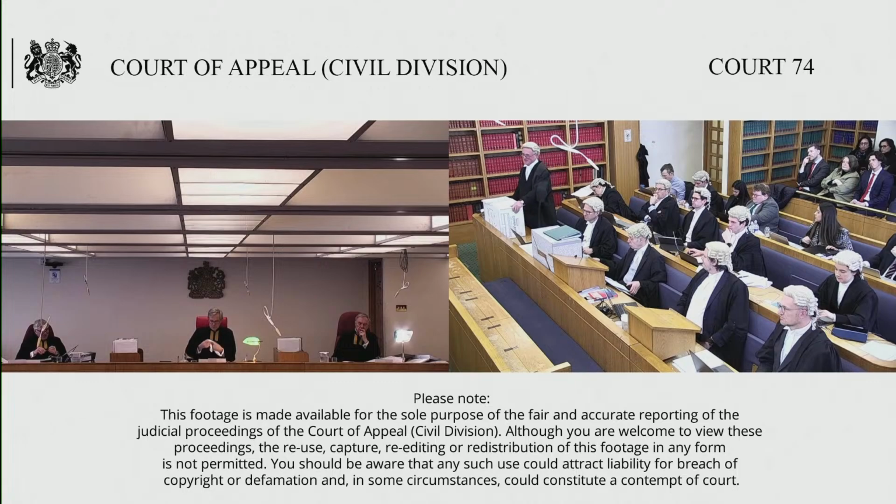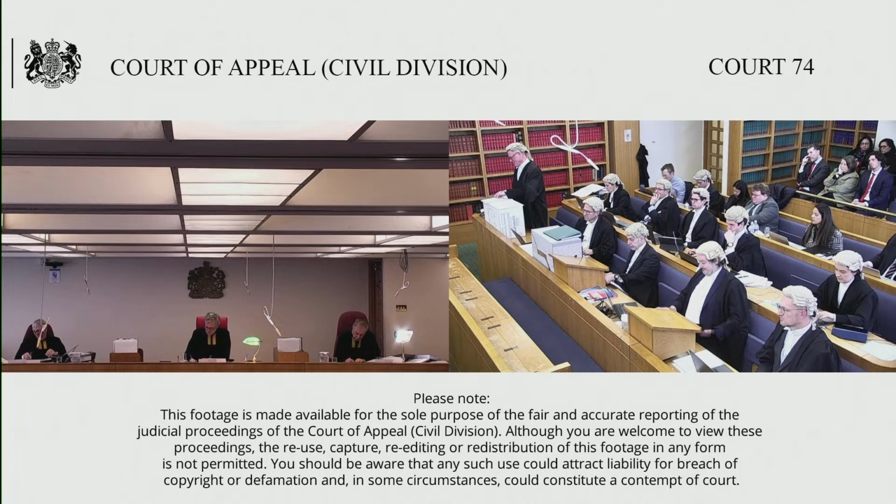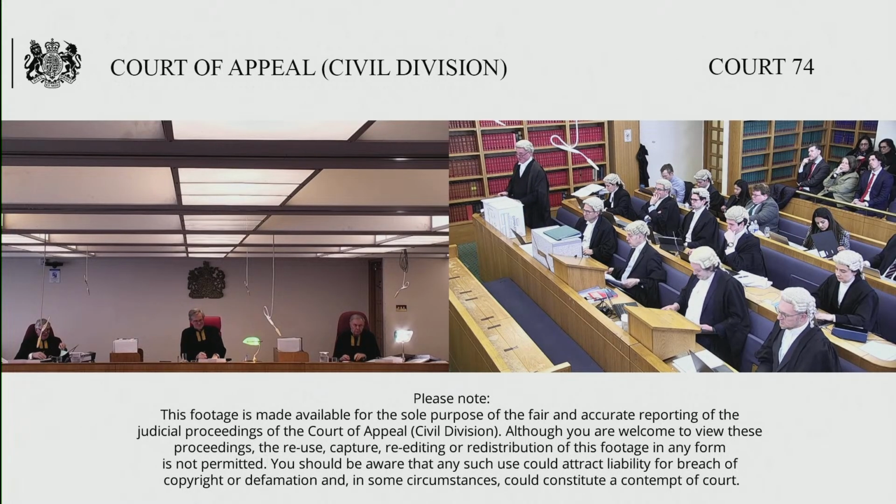We had that debate in a case that went to the Court of Appeal on social housing and discrimination, called JCWI, which is the second of the authorities in this bundle.